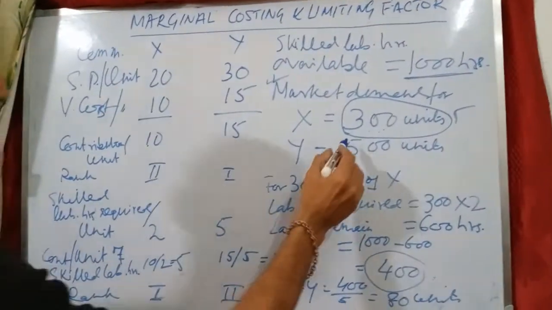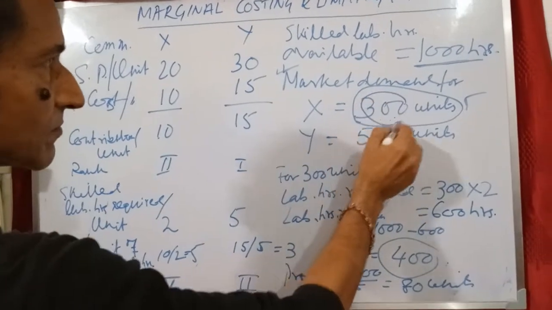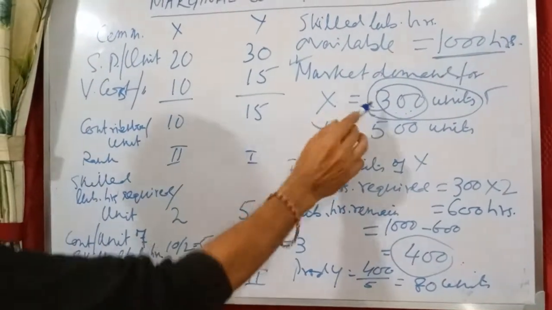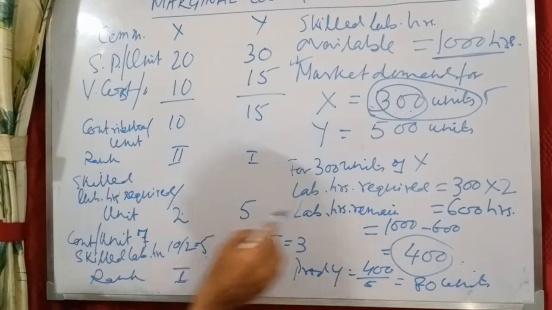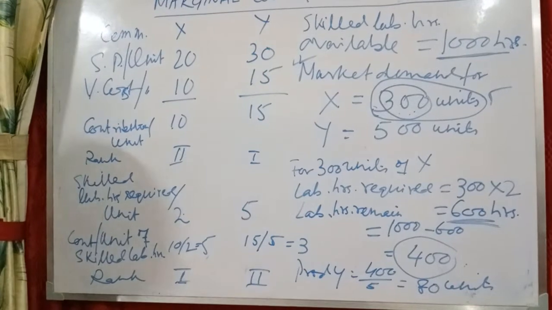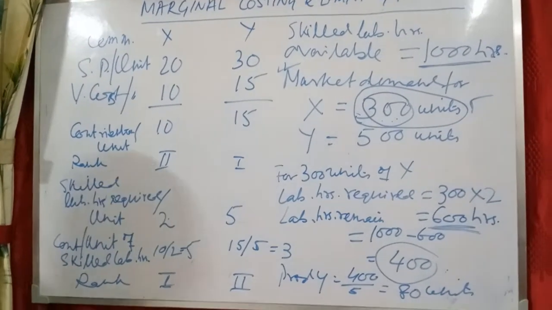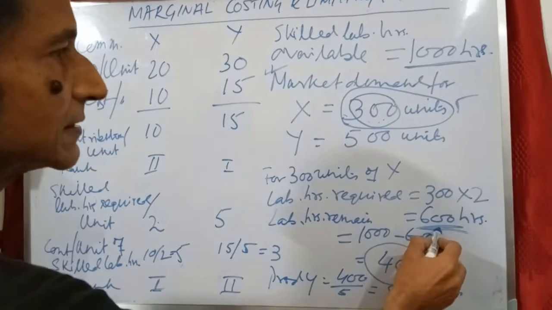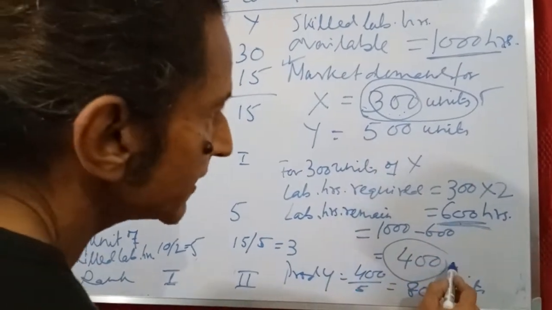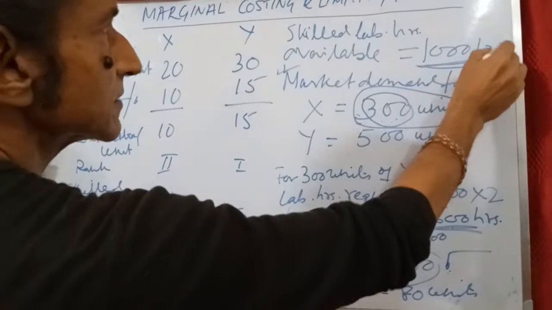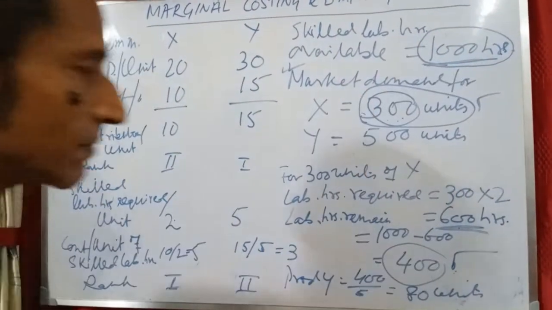To meet the market demand, that is to produce 300 units, the firm has to use 300 into 2, that is 600 skilled labor hours. Now after using 600 labor hours, only 400 labor hours remain because 1000 hours are at the disposal of the firm.